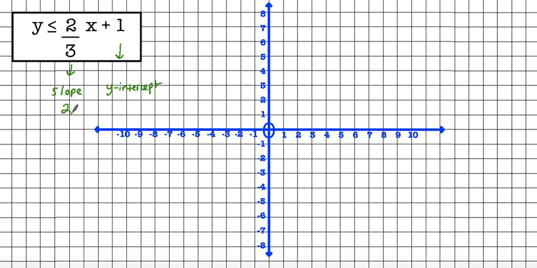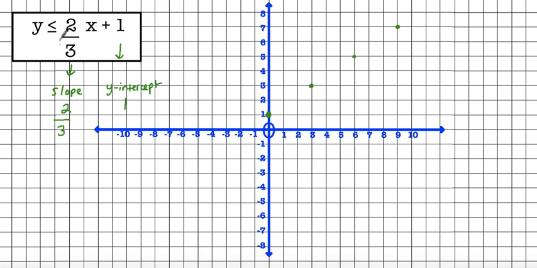So we're going to start at 1. Because our slope is 2/3, we're going to go up 2 to the right 3, since they're both positive, up 2 to the right 3, up 2 to the right 3.